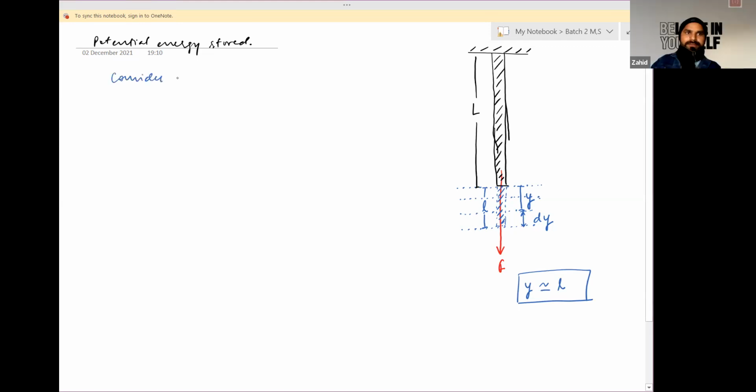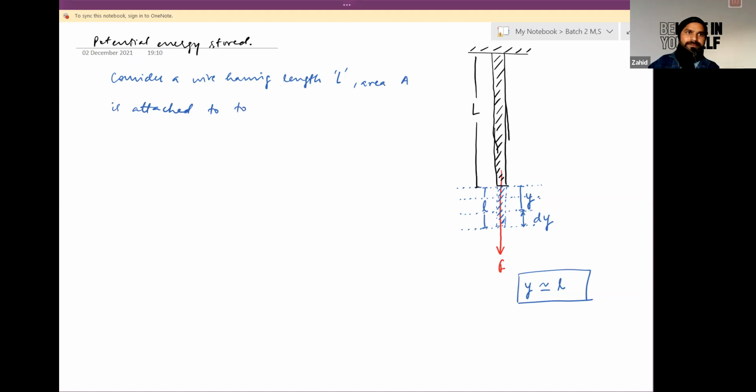So consider a wire having length L, area A, attached to a vertical support.